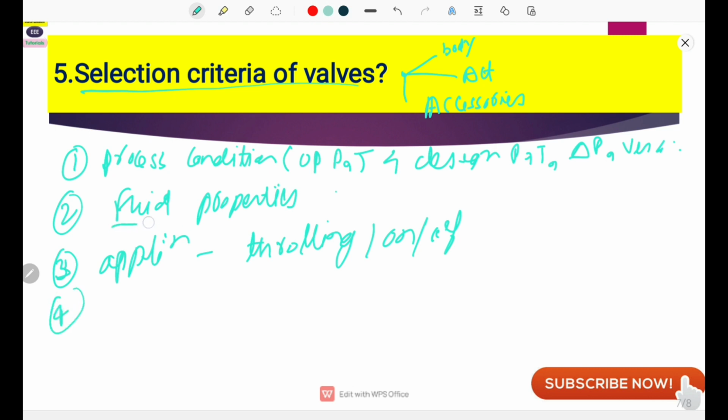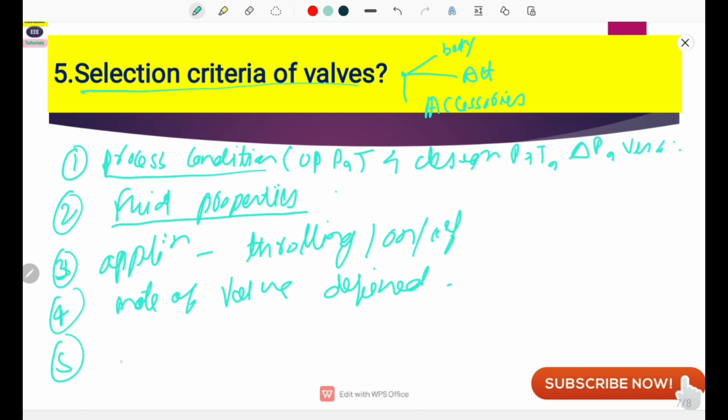And also with the help of fluid property and process condition, the material of valve will be defined. And also the fifth part, the accessories.